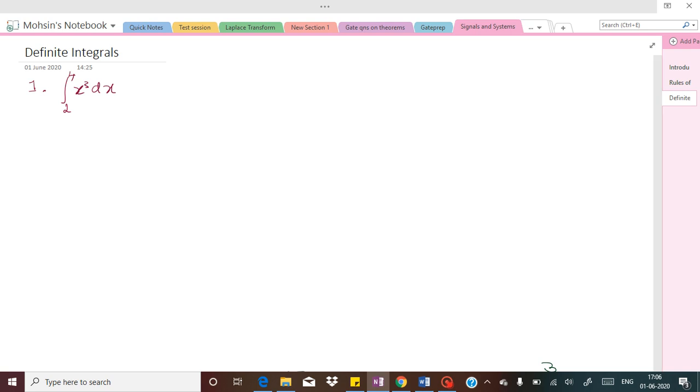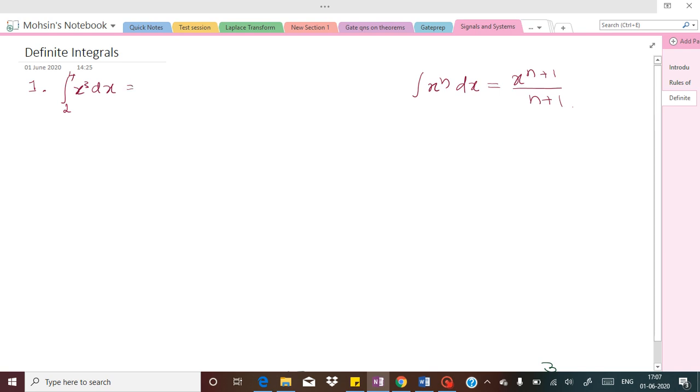From our previous discussion we know that if there is a function x raised to n integrated with respect to dx, then its resultant evaluation will be x raised to n plus 1 divided by n plus 1. Here in this example, in place of n, 3 is given.